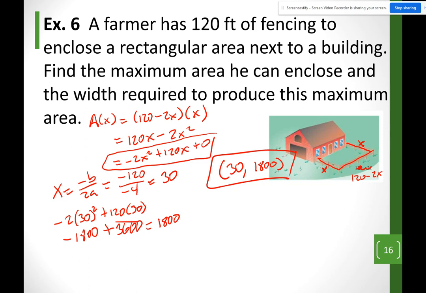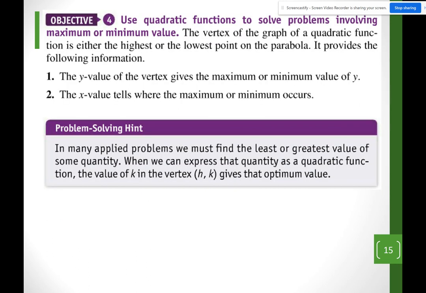Let me go one slide back just to remind you guys of something that I just said on vertex. The x value tells where the maximum or minimum occurs. The y value of the vertex gives the maximum or minimum value of y.